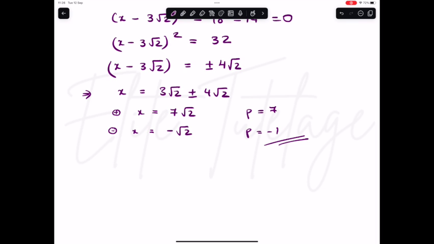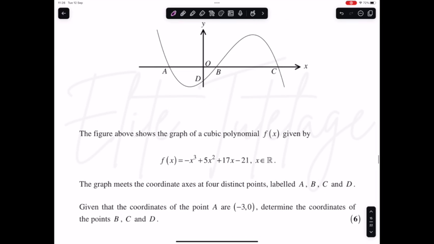Now, the next question is about graph, and we have been given a cubic function where it meets the coordinate axis at 4 distinct points, A, B, C, and D. One of the points is given to us, -3 and 0.